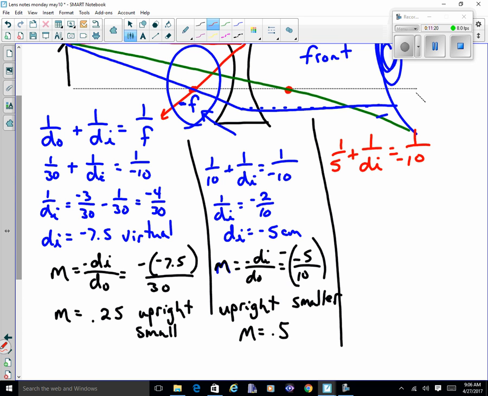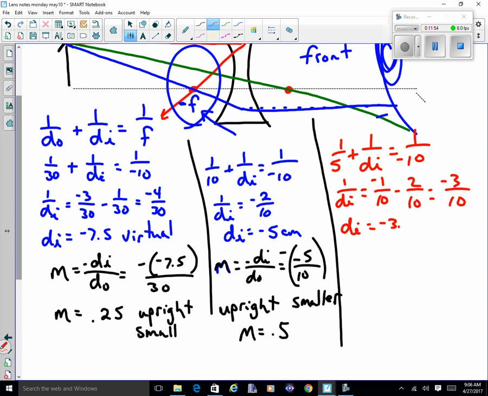So now I've got 1 over image distance equals a negative 1 over 10 minus, not plus, but minus a 2 over 10. That ends up giving me a negative 3 over 10. So now my image distance, if you flip-flop it, is 10 divided by 3, or a negative 3.33.